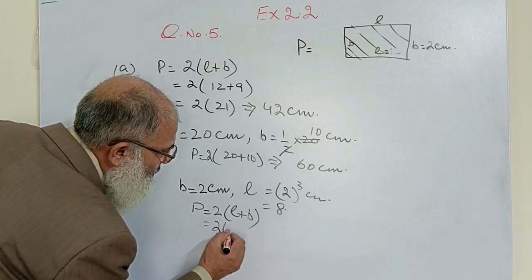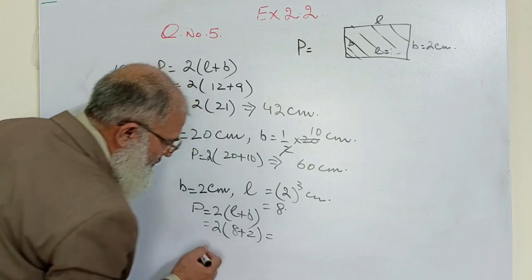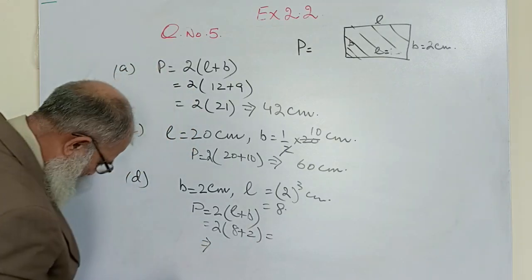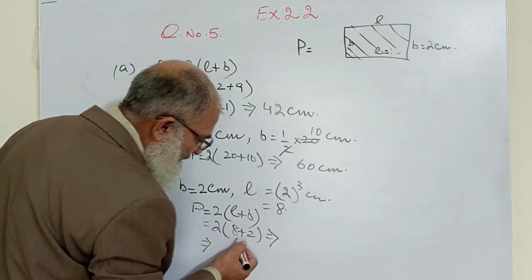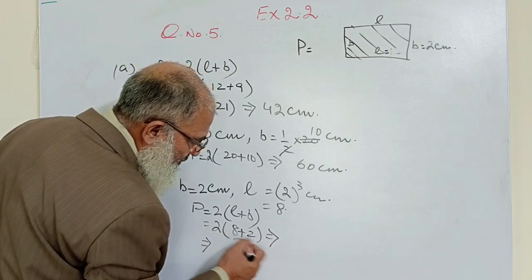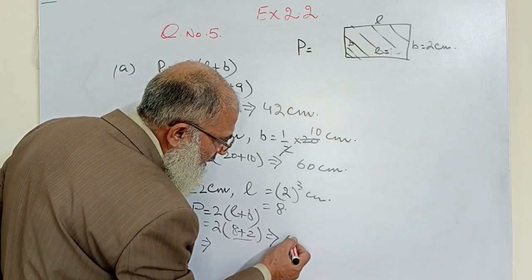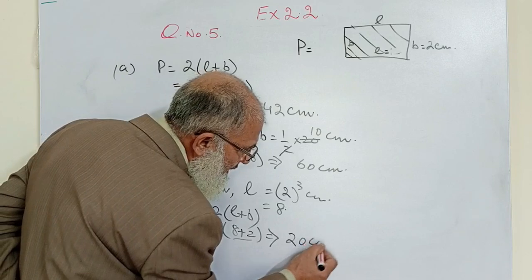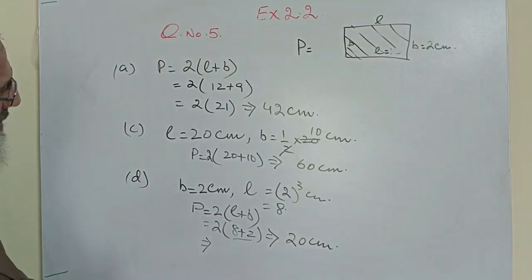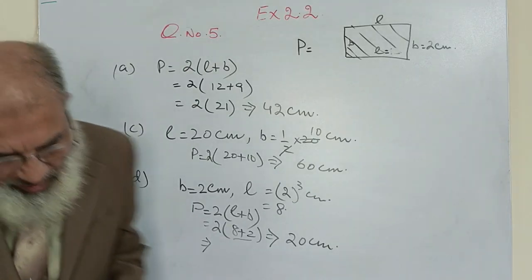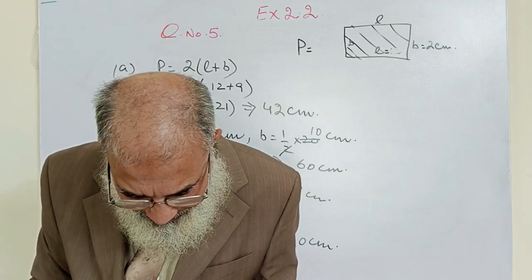It will become 2 times 8 plus 2, that is equal to 10, and 10 multiplied by 2 is 20 centimeter. So question number 5 is finished. Let's proceed to question number 6 now.